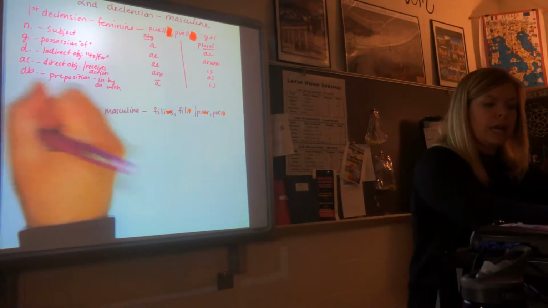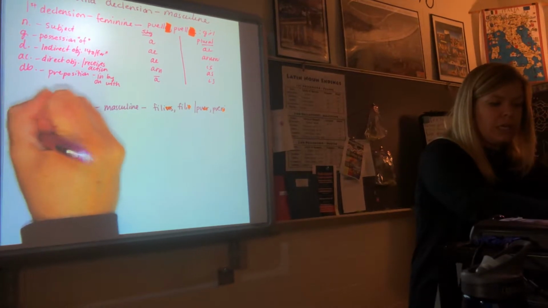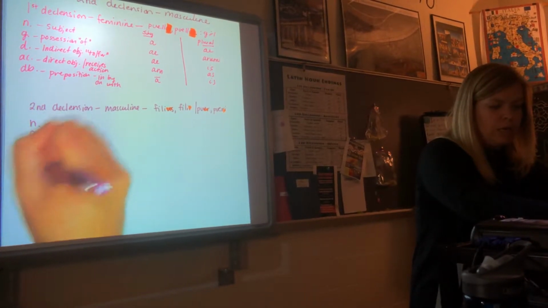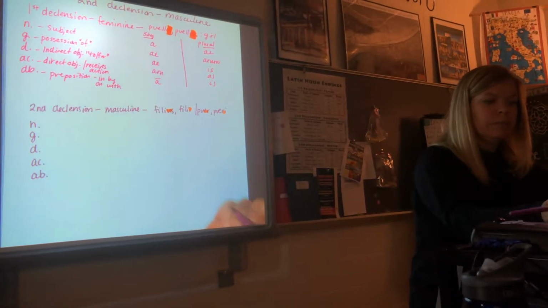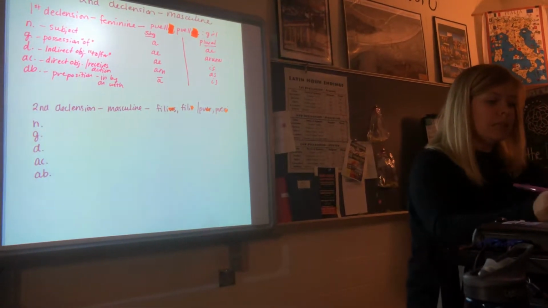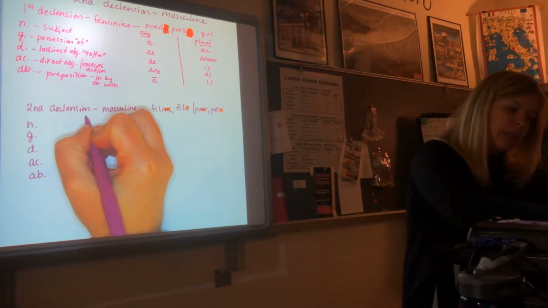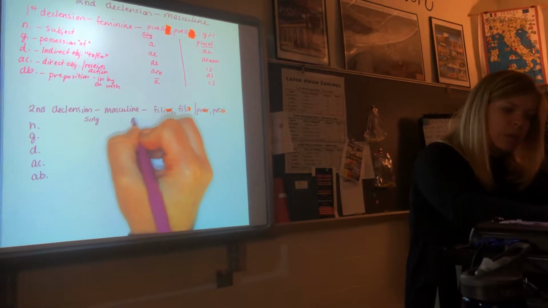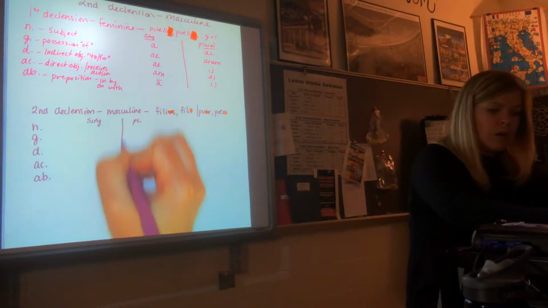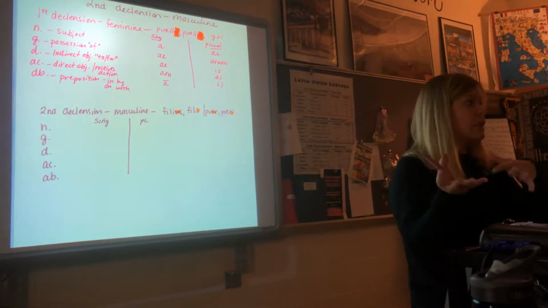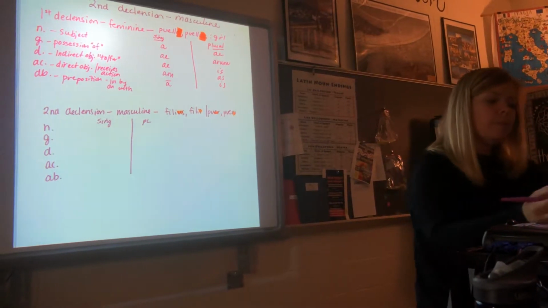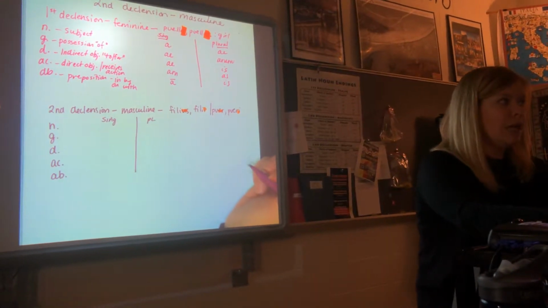Okay, so again, nominative, genitive, dative, accusative, ablative. The jobs stay the same. We still have a singular side and a plural side. Okay, if we're talking about one boy versus lots of boys, we just have new endings.